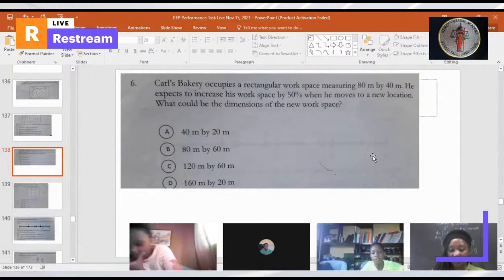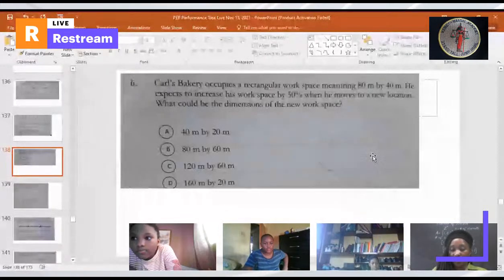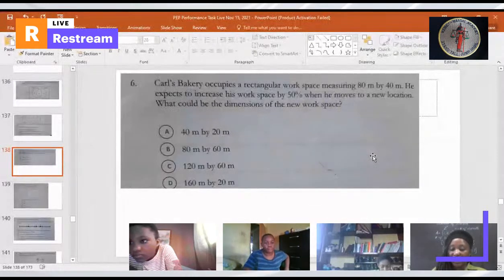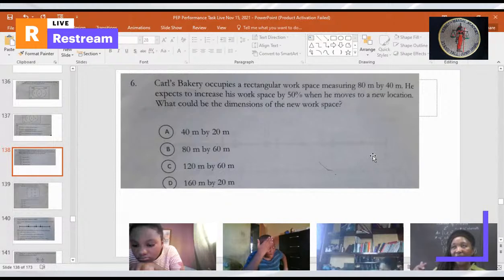If we add that back to the 3,200, we get 4,800. So the new area should be 4,800 meters square. So we really need to look now to see which of those dimensions, when we multiply them, would give 4,800. We can't just think in terms of increasing the length by 50%. Increasing the length by 50% does not necessarily mean we increase the area of the space by 50%. Do you understand what I'm saying?